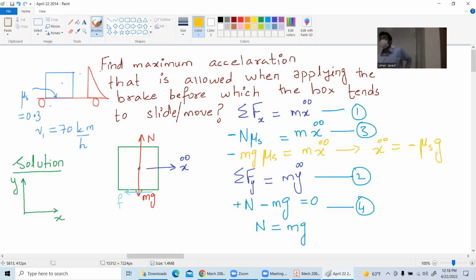By the way, the whole class understands the difference between mu k and mu s, right? The mu k is when the object is already in motion and you have friction, and mu s is when the object is stationary. And maximum value, right? Mu s is exactly when it's just about to move. Nice, thank you.